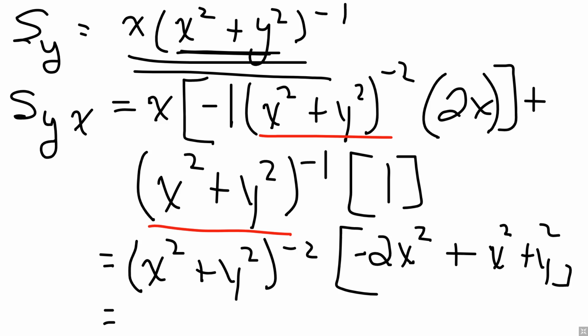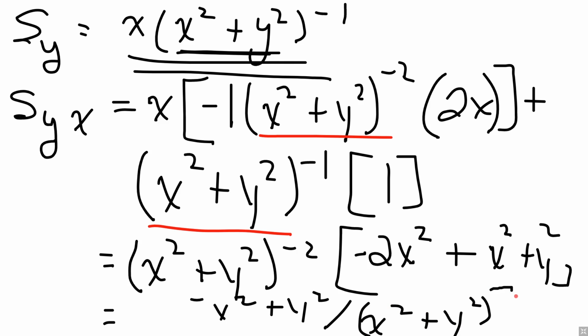Okay. So if I clean this up, I'm going to be left with -x squared plus y squared, and this is going to be over x squared plus y squared, squared.